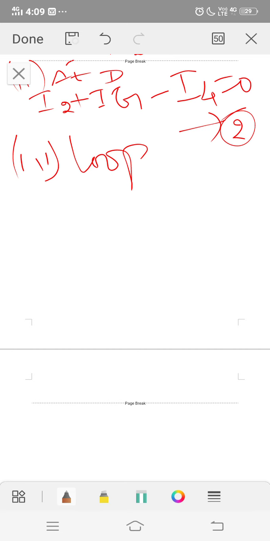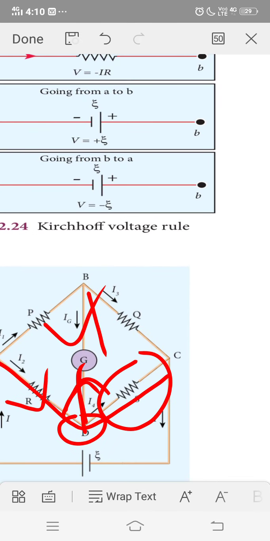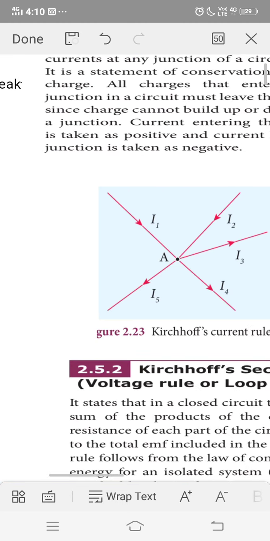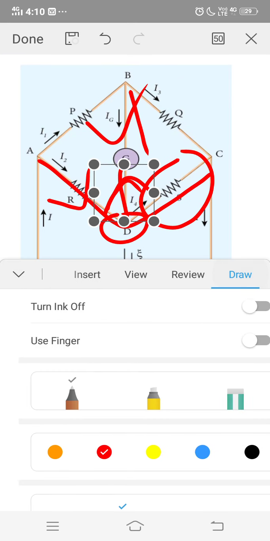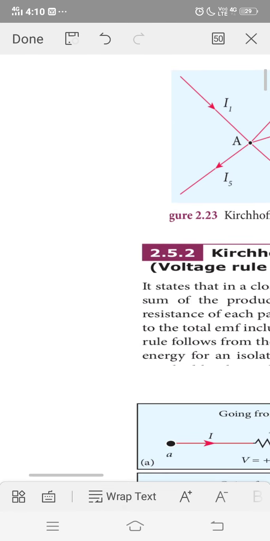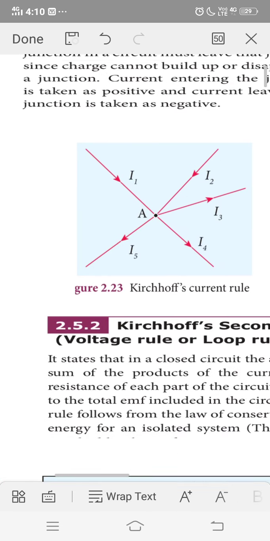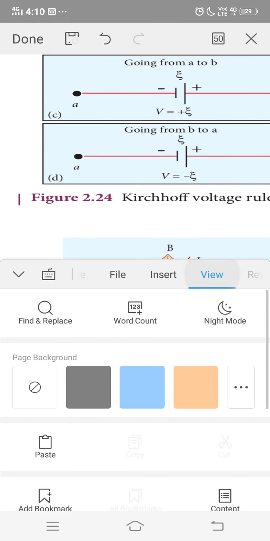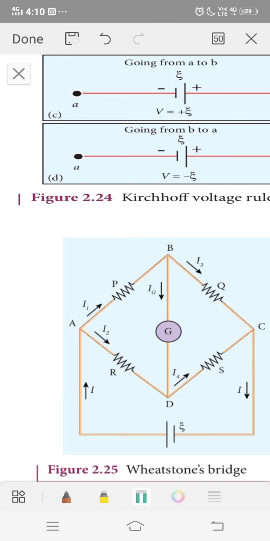What loop are we considering? ABDA. So in this case we are considering only the loop ABDA.